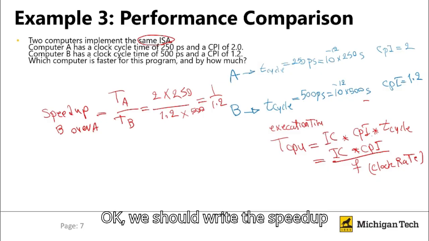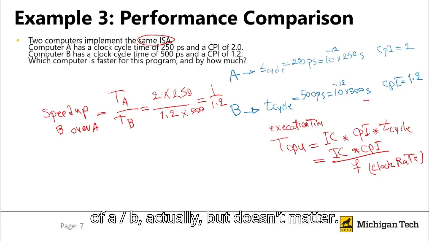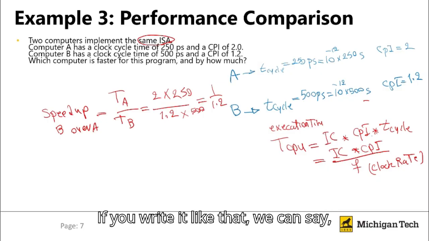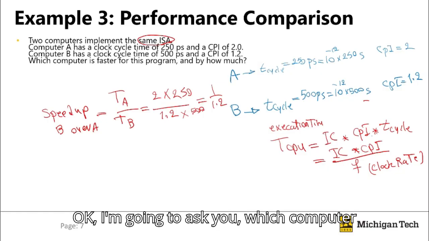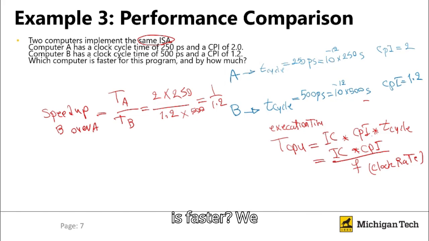Okay, we should write the speedup of A over B, actually, but it doesn't matter. If we write it like that, I'm going to ask you, which computer is faster? We computed a speedup of B over A, and B over A is 1 over 1.2.